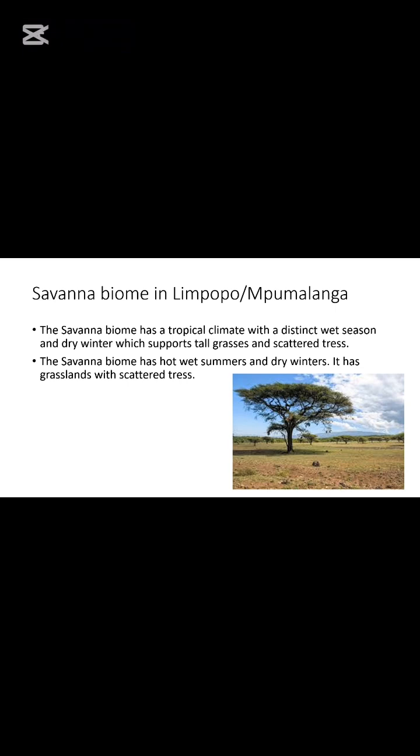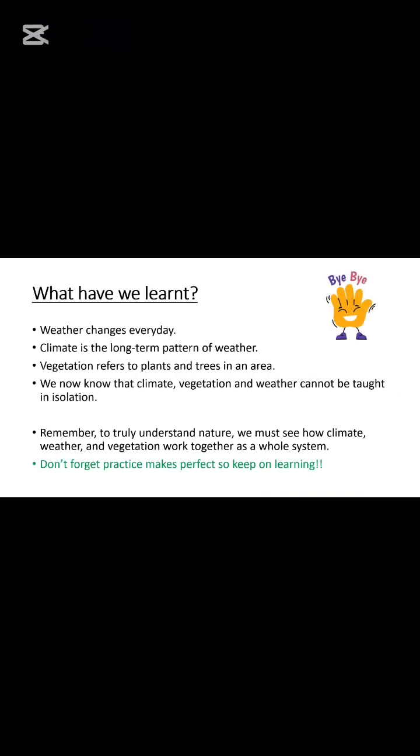In conclusion, what are we talking about? Climate, weather, and vegetation are deeply interconnected and they cannot be studied separately. The examples of fynbos, savanna, Durban, Free State, and the regions such as Kenya, Uganda, and Angola show how each area's climate and weather patterns shape the type of plants that grow there.